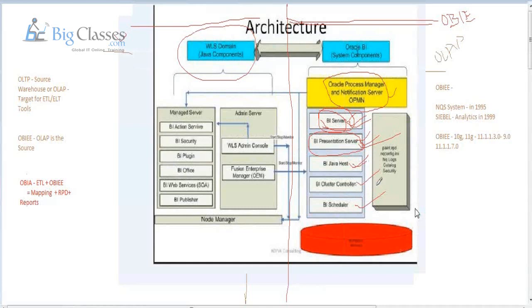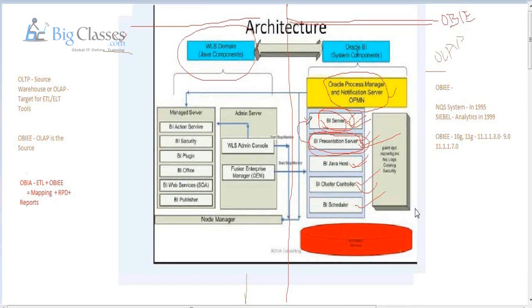And cluster control is a server. This server acts as a communicator between the servers. For example, you want to create a report. You are logged into analytics, and you are trying to create a report. When you click on the result to get the data, that request always goes to the BI server.